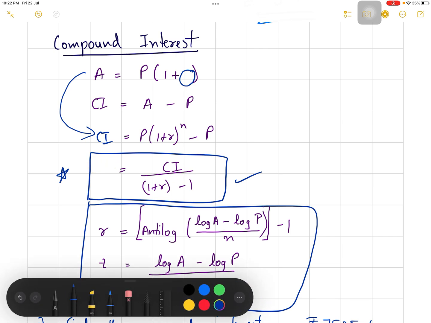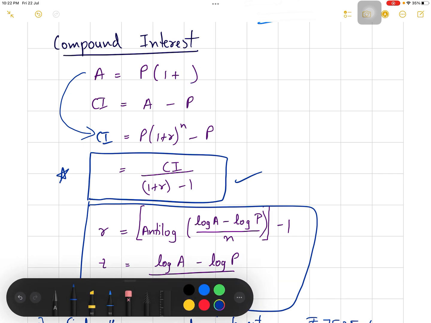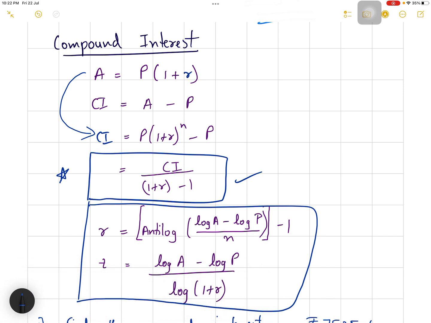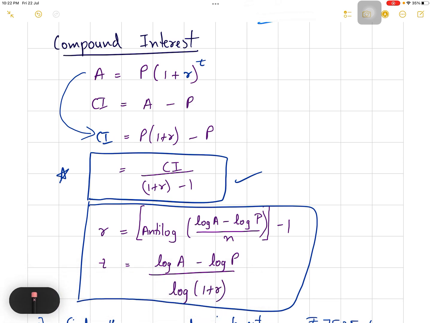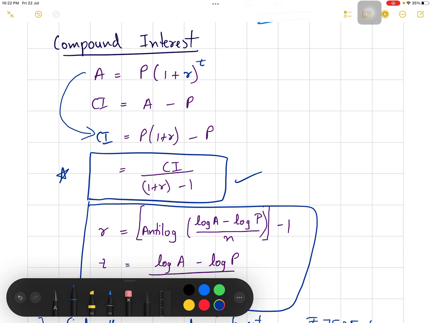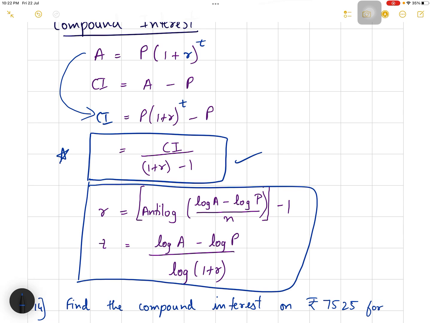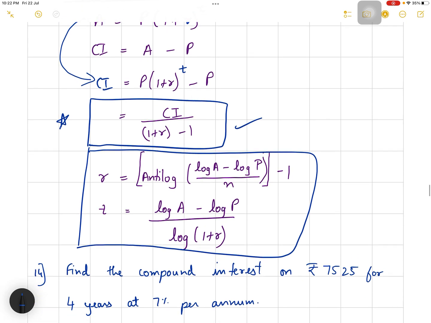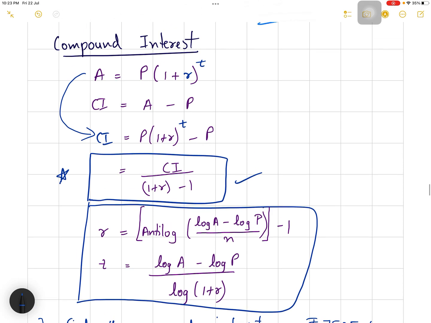My formula here will become A equal to P into 1 plus R raised to T. T is time taken, number of years, and N also means the same thing. So compound interest is equal to P into 1 plus R raised to T minus P. T and N is one and the same thing.